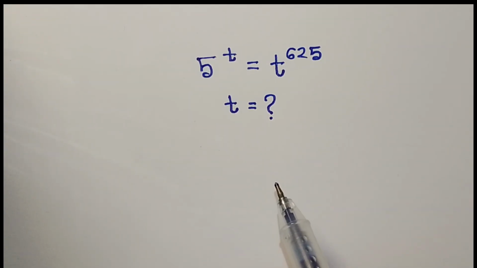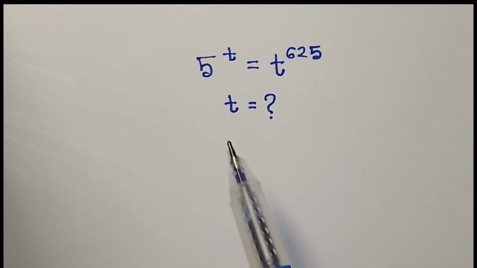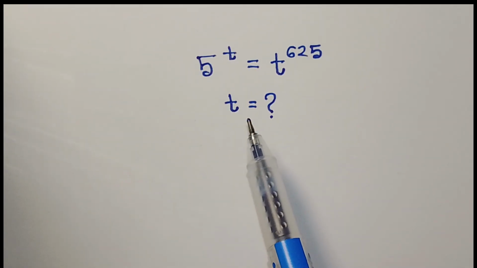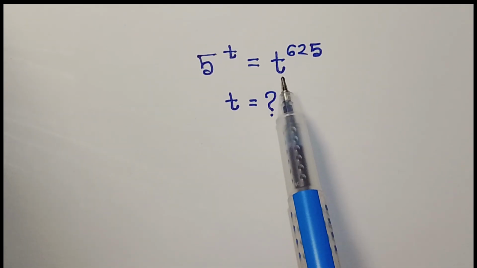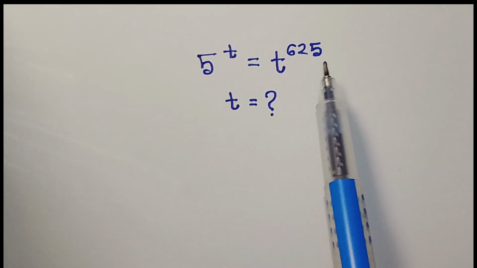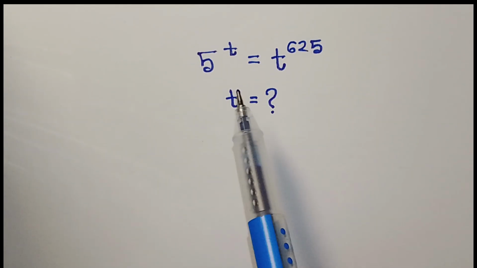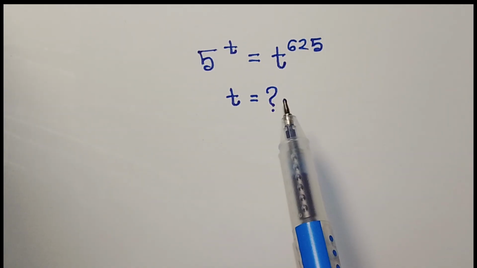Today we'll solve an interesting exponential math question. The question is 5 to the power t equals t to the power 625. The value of t is what?